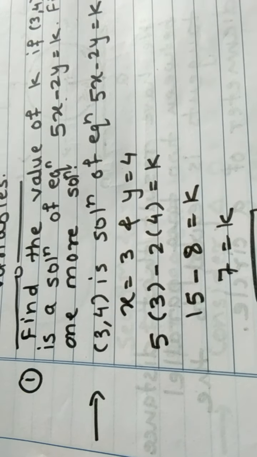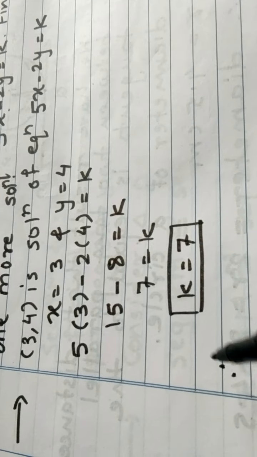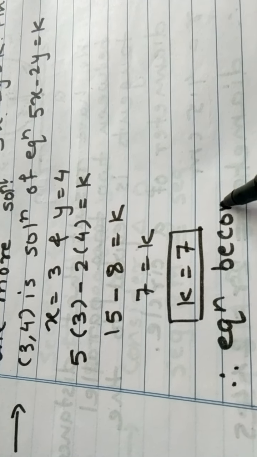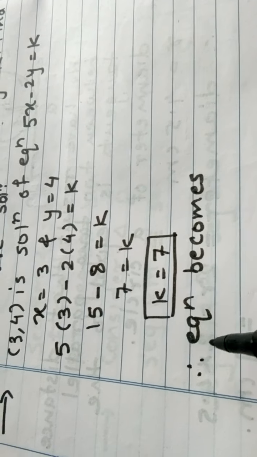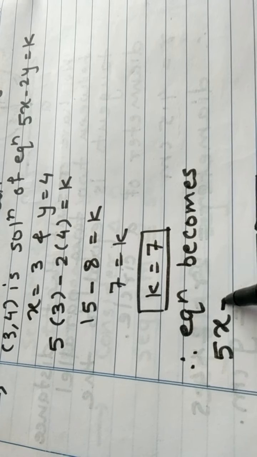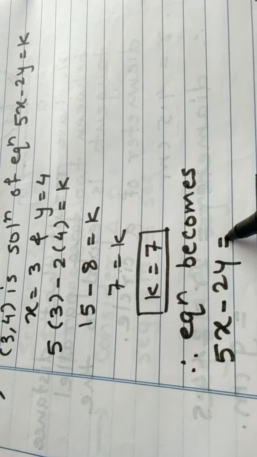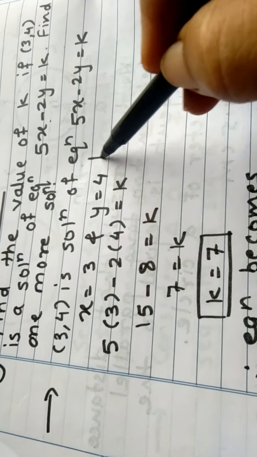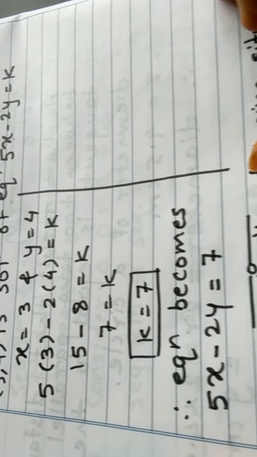Now we can write this equation as, therefore equation becomes, see what is the equation, 5x minus 2y is equal to, instead of k we can write 7. Now we have to find one more solution of this equation.